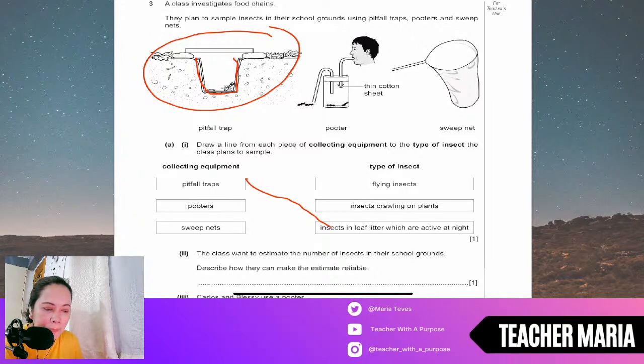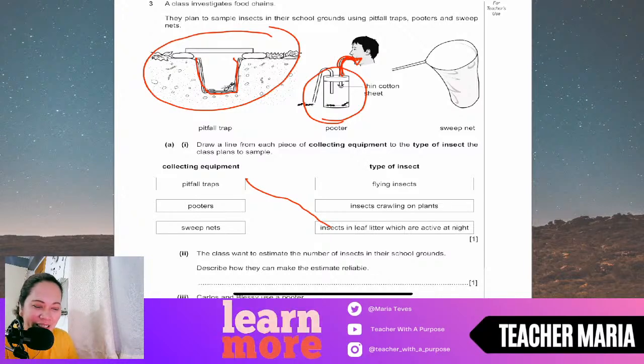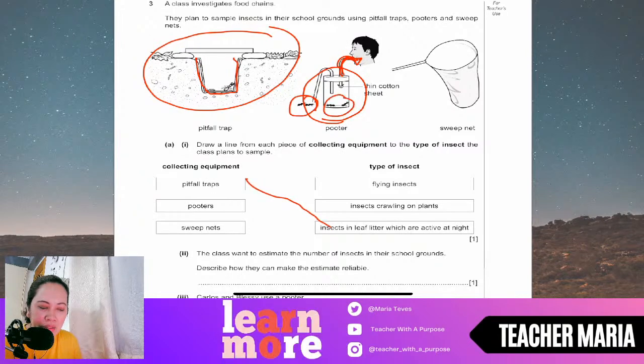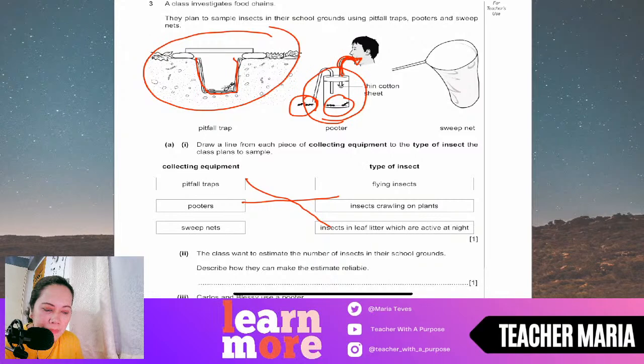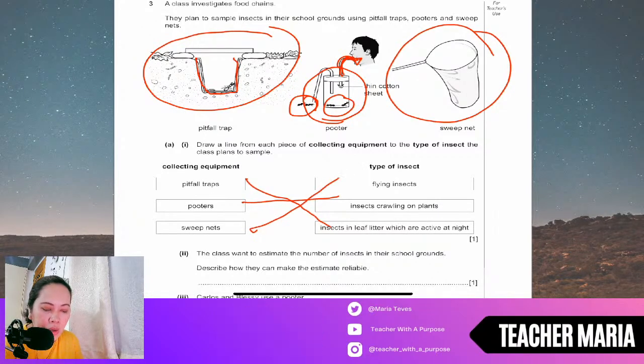Here you have your pooter. If you would notice, there are ants, and a thin cotton sheet. Based on this, pooters can collect insects crawling on plants. And then, of course, your sweep nets will be for your flying insects.